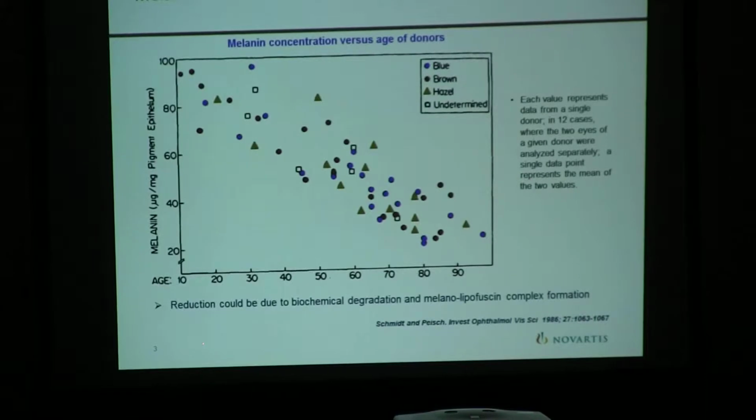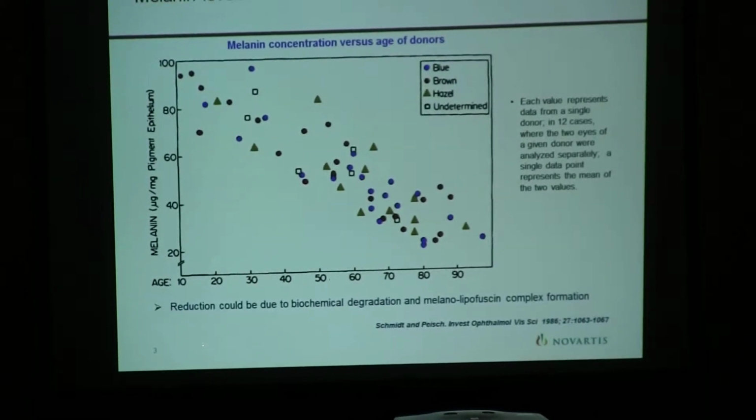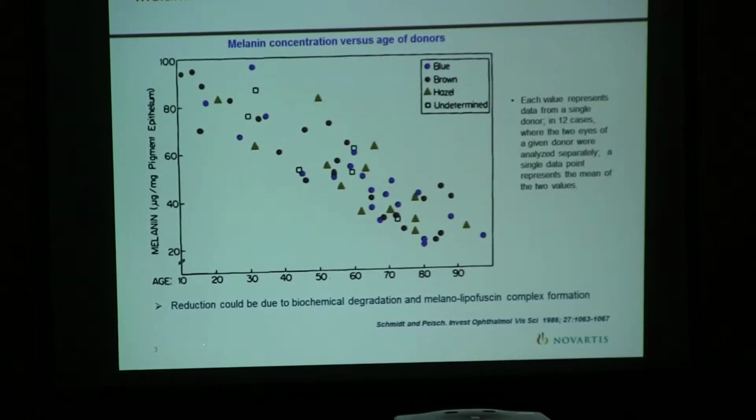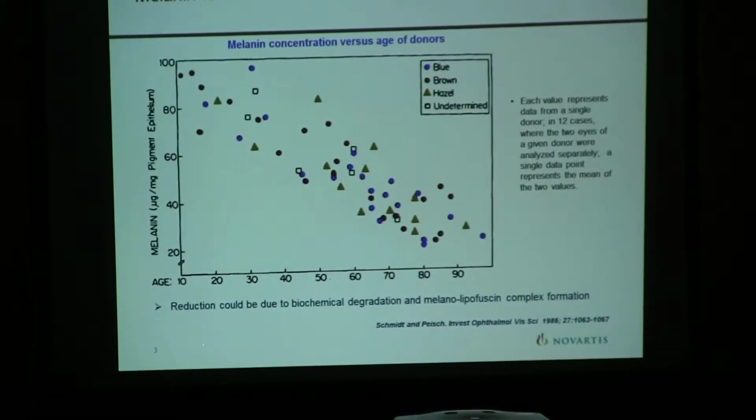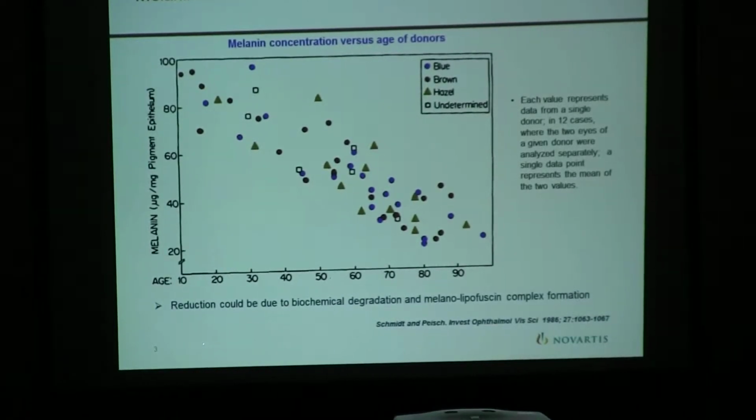A little bit more about melanin. It was reported back in the 1980s that melanin content goes down significantly with age, specifically in human retinal pigment epithelium cells.